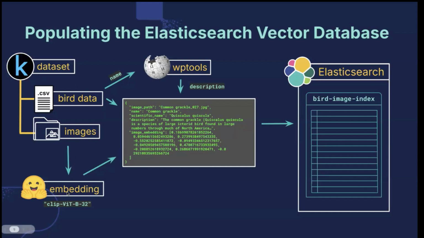I also embedded locally, and that's also a little point of contention for me. I embedded locally these images that were from a separate folder using CLIP ViT-B/32. I combined the paragraph I pulled from Wikipedia, the original bird data that's been capitalized, and the image embedding into a document. And then I inserted it into Elasticsearch.